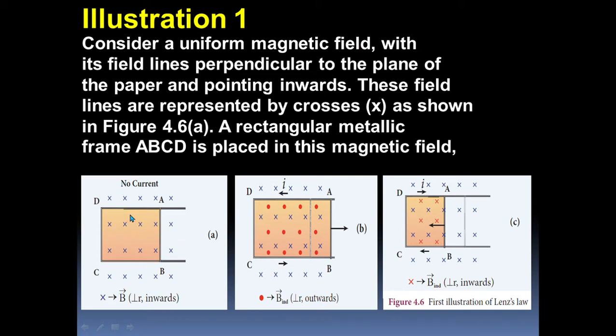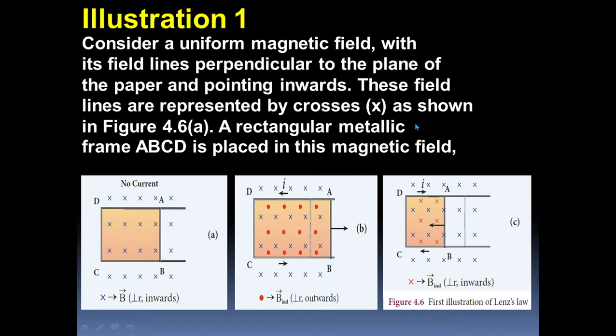The cross symbol indicates the uniform magnetic field acting inward, perpendicular to the plane of the paper. These field lines are represented by crosses as shown in the figure.